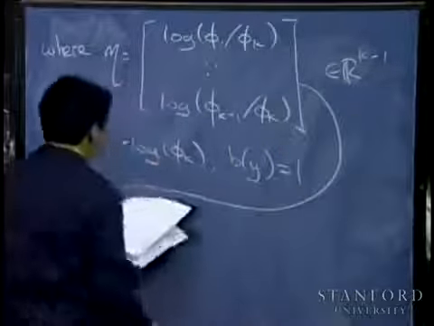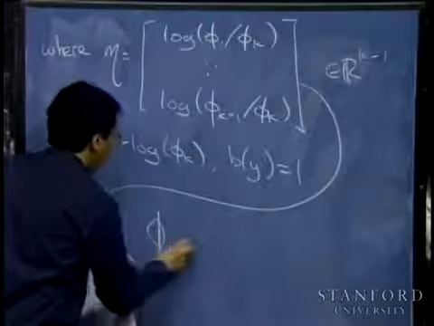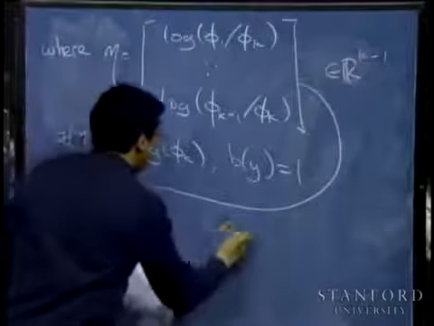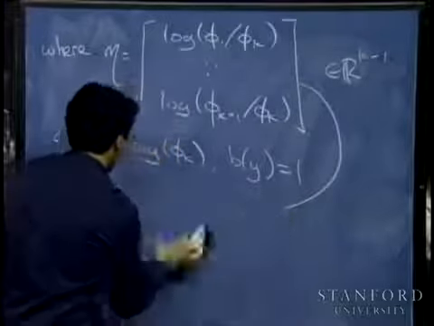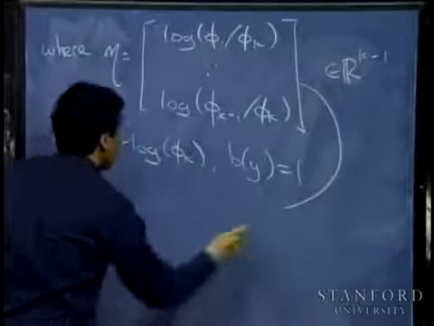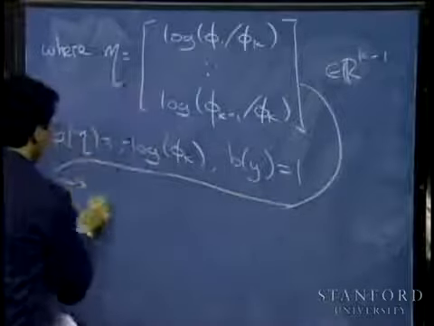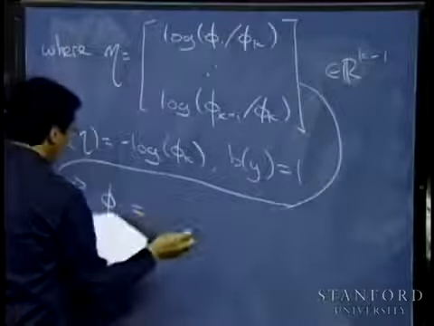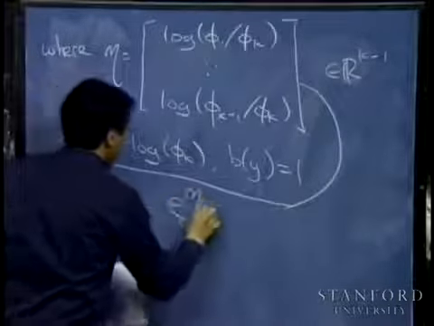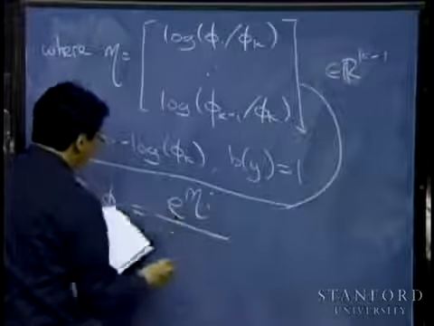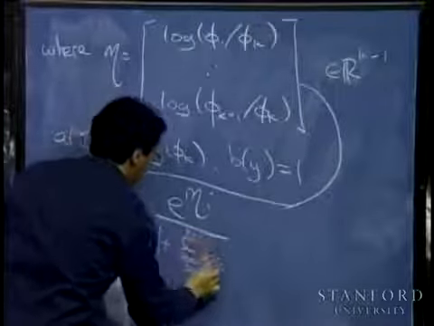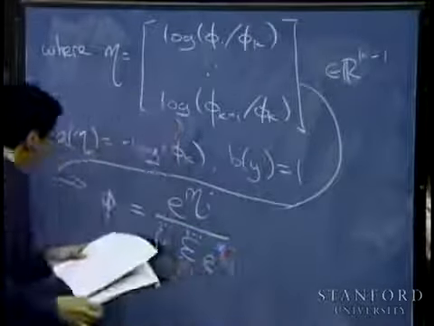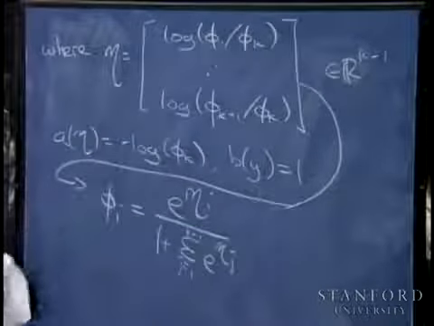And you get that phi i is equal to e to the eta i over 1 plus the sum over j of e to the eta j.